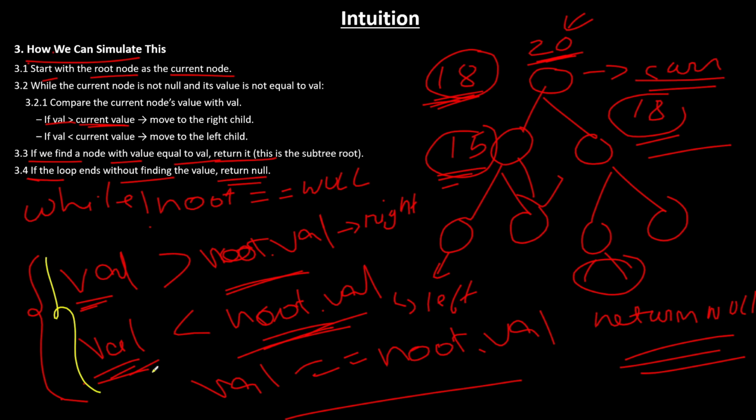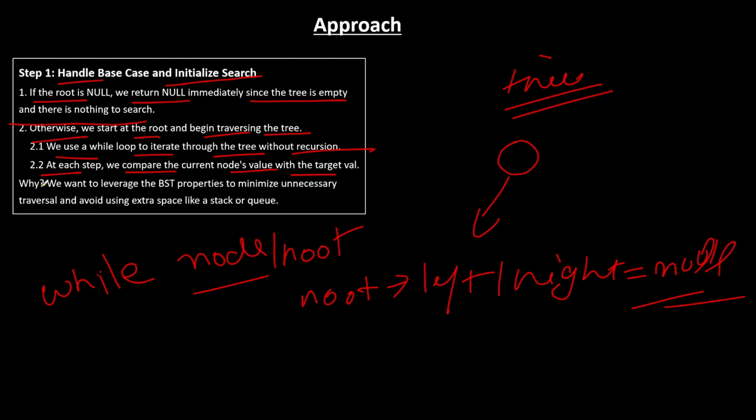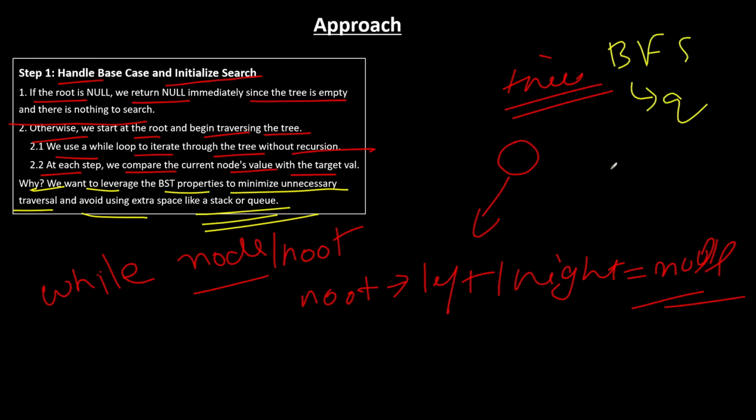While doing this, we want to leverage BST properties to minimize unnecessary traversal and avoid extra space like a stack or queue. Because if you use BFS, we need a queue, and if you use recursion, we need stack space, which is automatically generated while using recursion.